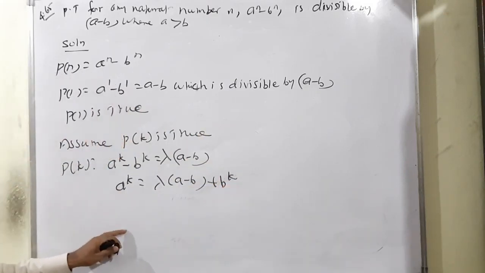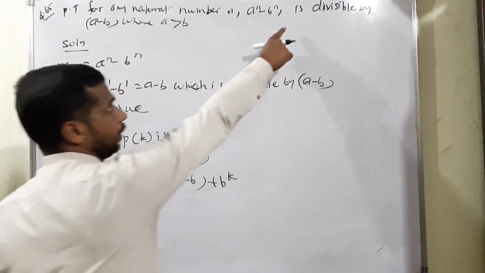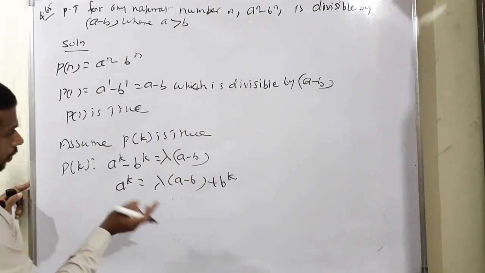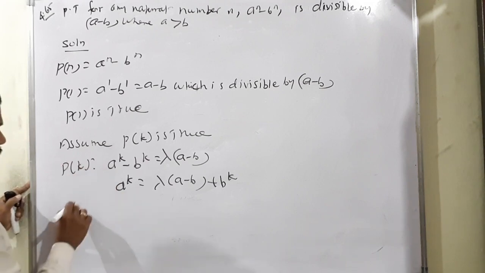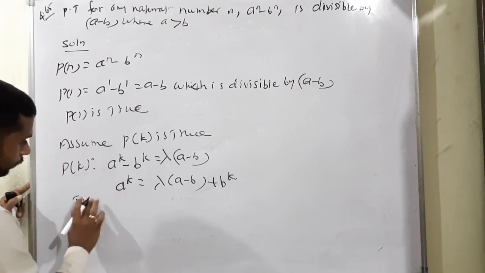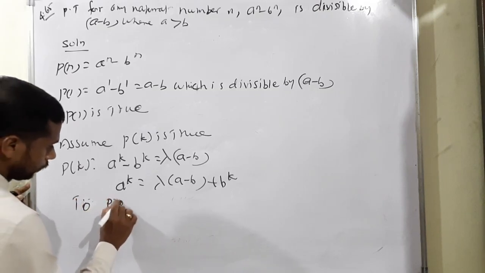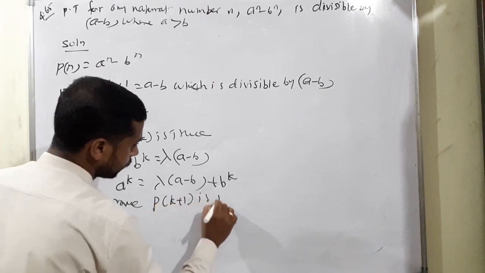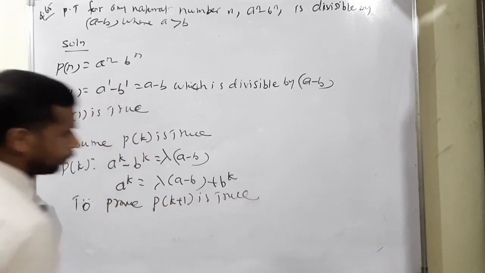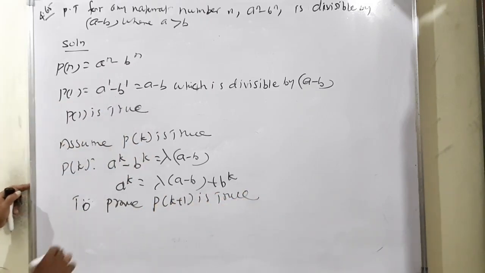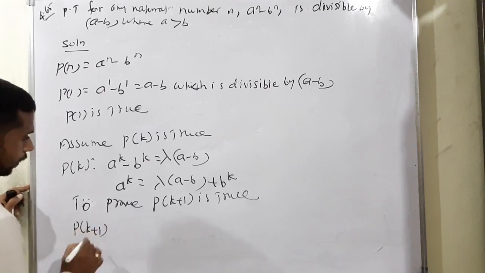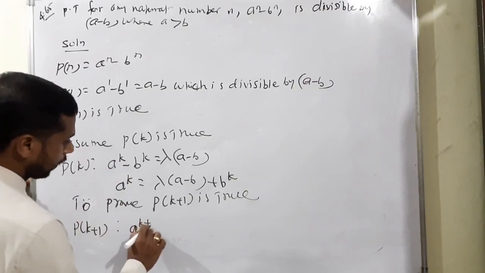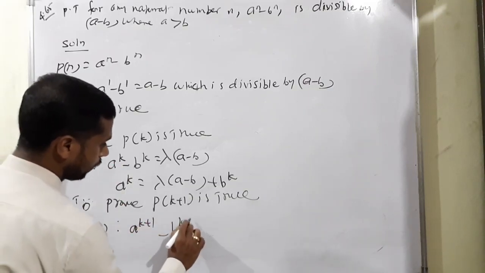So, finally, we have to show divisible by a minus b, that is one of the conditions, okay, we should be proved. So, now next one we have to do is to prove P of k plus 1 is true. So, P of k plus 1 is true means instead of power k we can write it a power k plus 1 minus b power k plus 1.